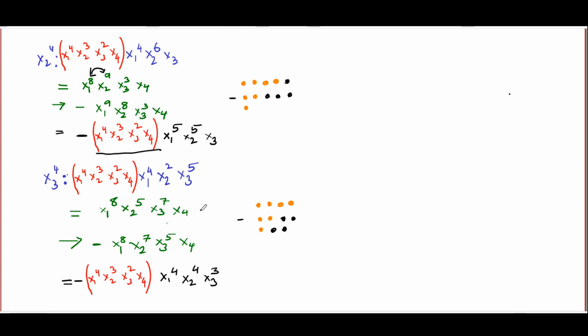We should have them in descending order. So we have to go 8, 7, 5, 1 with a minus sign because we have switched these two. Now, of course, once again take x1 to the 4, x2 cube, x3 square, x4 out, the original term from the determinant, and you are left with 4 powers of x1, 4 powers of x2, 3 powers of x3.